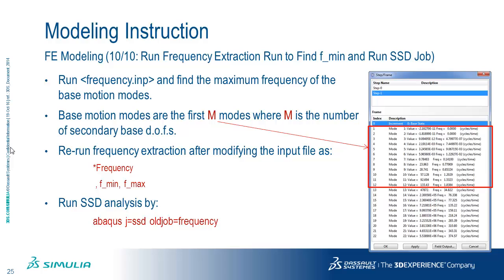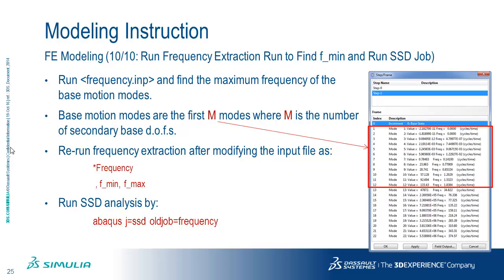Abaqus always outputs the base motion modes first, and then sometimes, especially for a very flexible structure, you may have a little bit higher base motion mode frequencies. So in that case, you may have too severe damages due to that. So we recommend to exclude those base motion modes from the PSD fatigue calculation.